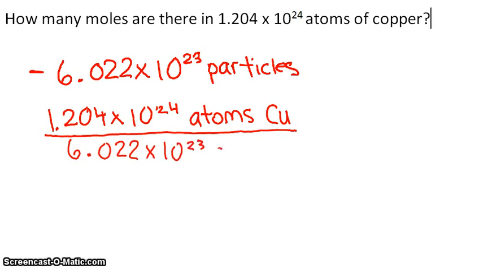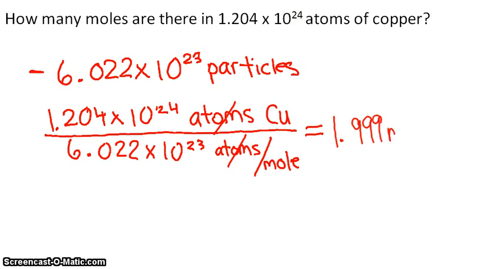And the units for that are atoms per mole. So you use your calculator to divide those two numbers, and the atoms are going to cancel. So you get 1.999 moles of copper. Hopefully that helped you out with converting atoms to moles.